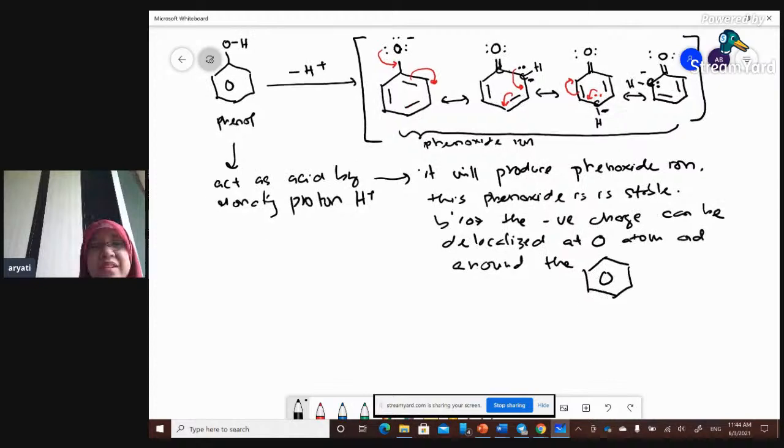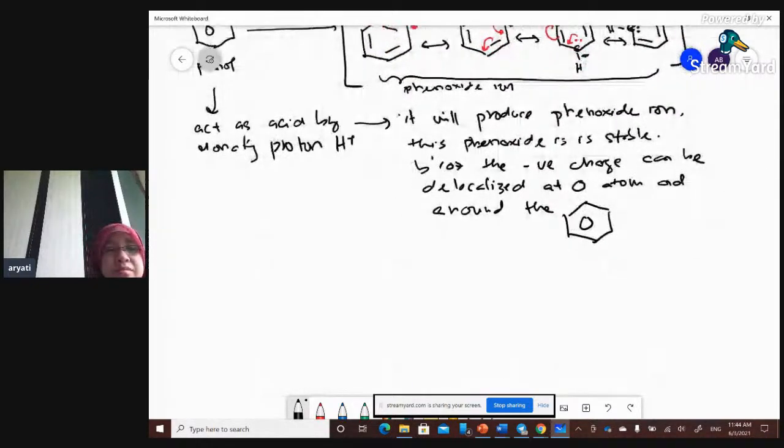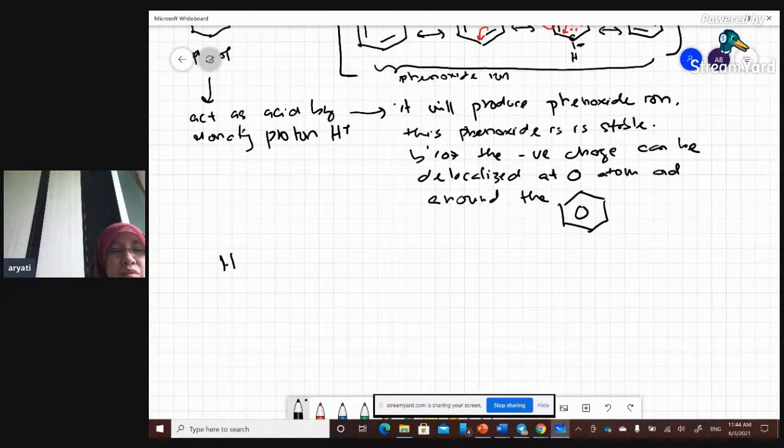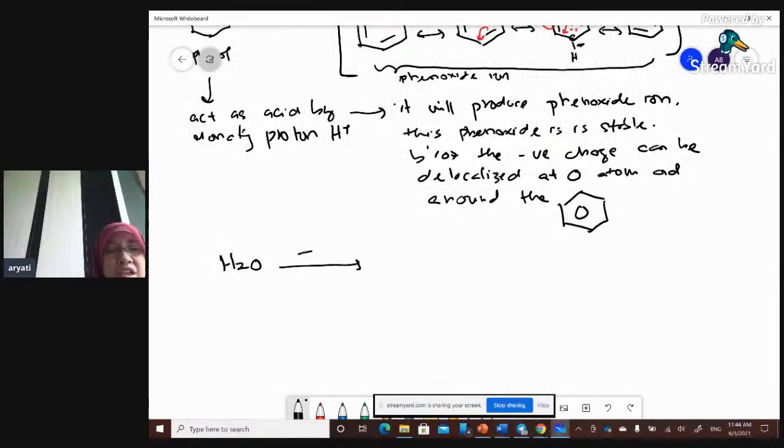Kalau water H2O, dia act as acid by donating proton H+, dia akan jadi OH-. Kalau kamu tulis OH-, dia stable ke tak stable? Dia less stable. OH- ni ialah hydroxide ion.